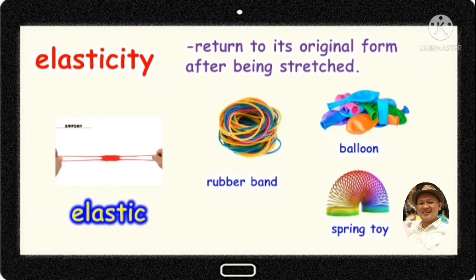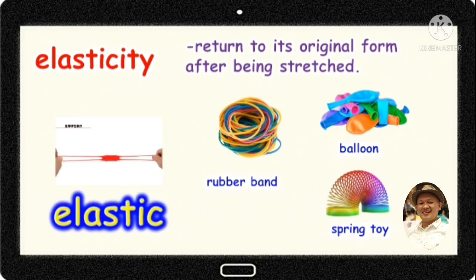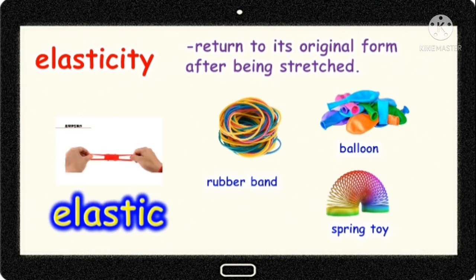Materials that have the property of elasticity are called elastic materials, like rubber band, balloon, and spring toy. They are elastic materials.